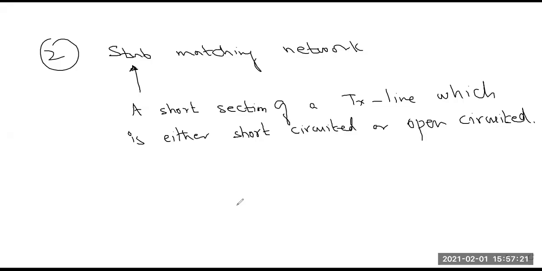So let me refer back to that particular topic that we have already covered. If you remember, we considered this scenario: a transmission line with a characteristic impedance Z0 and phase constant beta, terminated with a short circuit load, so ZL is equal to 0.